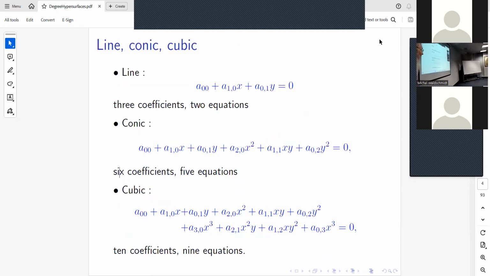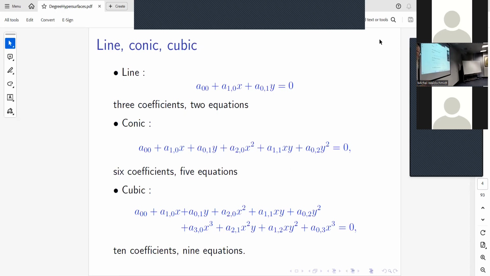I explained that a line is a linear equation with 3 coefficients because we are in 2 variables. And therefore, we can solve 2 linear equations, which are homogeneous. So this is why, if we have 2 points, we can find a line which passes through them.